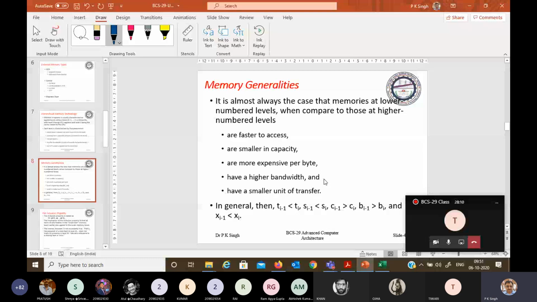Again, if you consider the cache memory and DDR, the same relation holds.